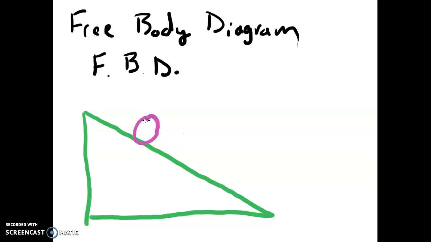Okay, and now I want to draw the free body diagram for this ball. Well, I put the dot, and then all I've got to do is think about, well, what are the forces on this ball? Well, right now it's pretty easy. I've got gravity down, and I've got normal force. Well, it's actually a little bit tricky here because in this case, this ramp is slanted, so the normal force is slanted.